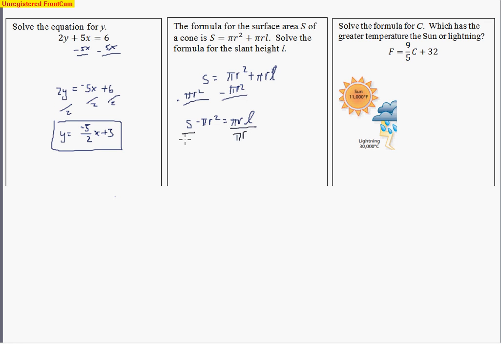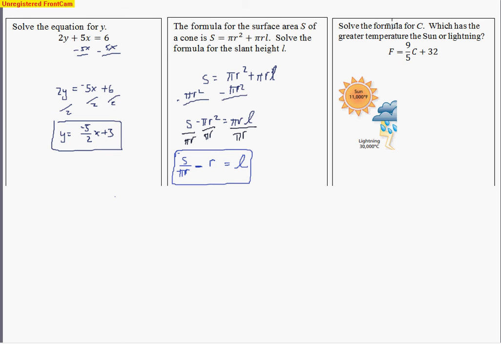But I divide each of the terms by pi r, since I've got two terms in there because they're separated by that subtraction sign. And that leaves me with s over pi r minus, now here the pi's are going to cancel out, and one of the r's is going to cancel out on top. So it leaves me with just one r left. And so that's how I'm getting L equals s over pi r minus r.